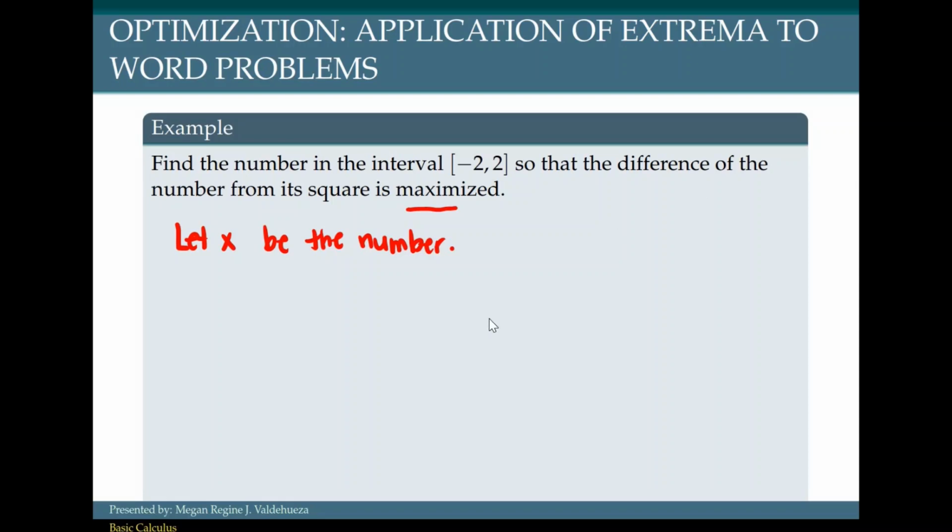If we are to find a function, or we have to formulate an equation involving our variable x, then we will make use of the phrase, the difference of the number from its square.